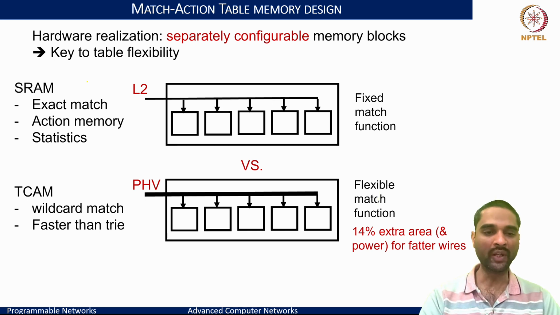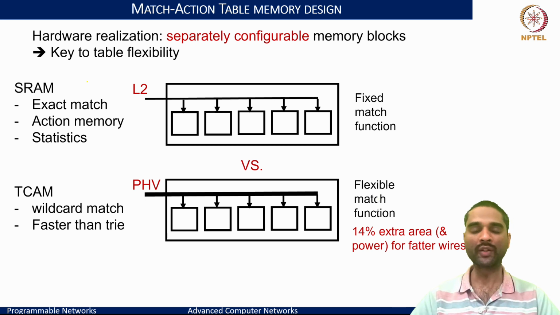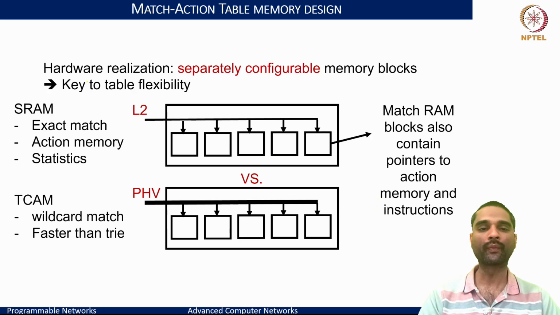And even LPM in this case can allow flexible match functions. But the TCAM incurs extra power, like I mentioned, and extra area requirements as well.